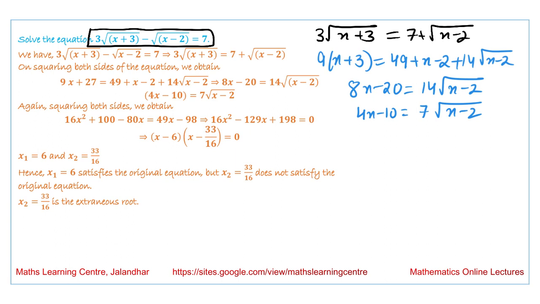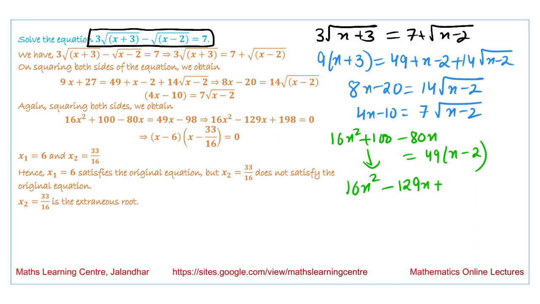Now if we again square this equation, we obtain 16x square plus 100 minus 80x is equal to 49 into (x minus 2). Now again if we solve this, we will obtain the equation 16x square minus 129x plus 198 is equal to 0.